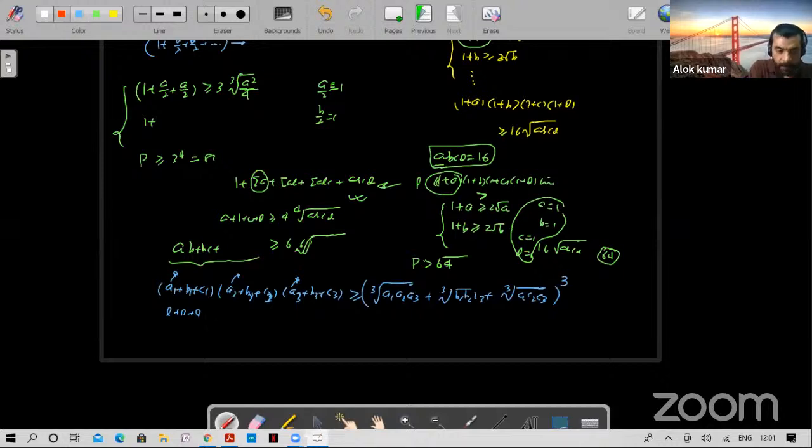I will say that 1 plus A1, I'm writing one general statement, 1 plus A2, two elements are there in every bracket, and 1 plus AN is greater than or equal to 1 plus the nth root of A1, A2 till AN, and the whole to the power n. Dimensions are preserved.